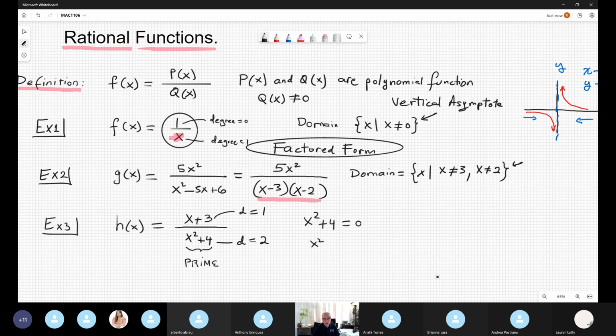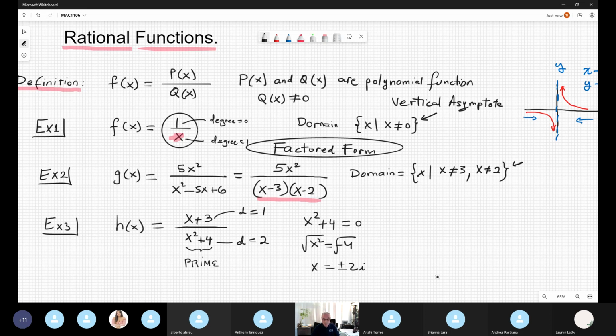Moving 4 to the other side, I get -4. When you apply the square root, x is equal to plus or minus 2i. It's imaginary. That means we have no restriction, because in the real numbers, from negative infinity to positive infinity, it is impossible to find plus or minus 2i. So the restrictions are imaginary, totally out.